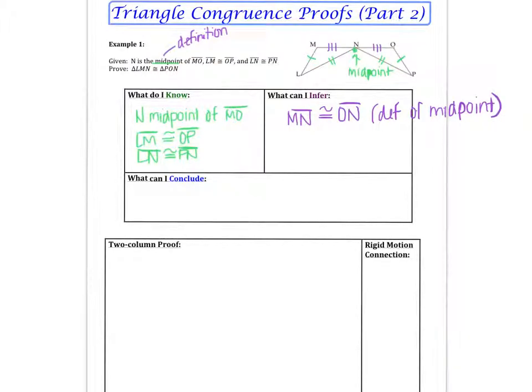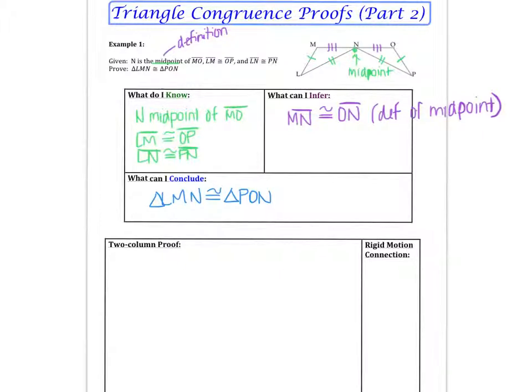Alright, so when I look at this, I see I have a side, and a side. So I am now ready to make my conclusion, which is that triangle LMN is congruent to triangle PON. And now I'm ready to write my two-column proof.